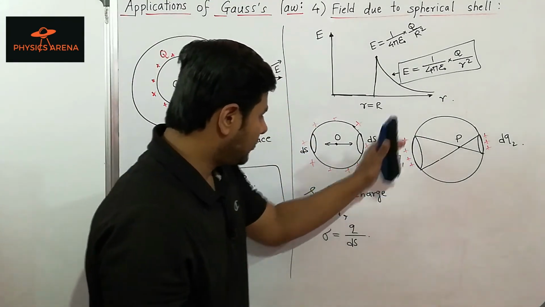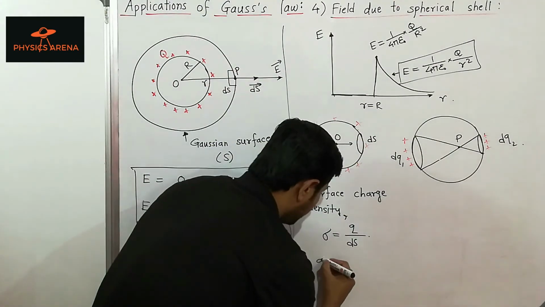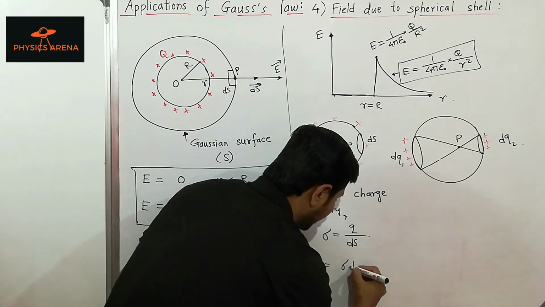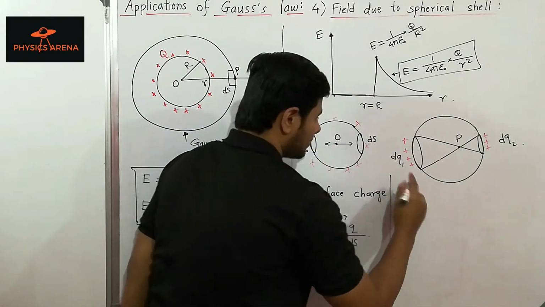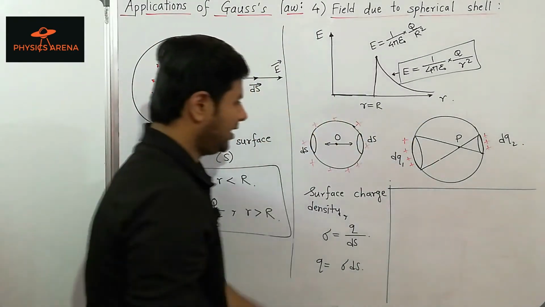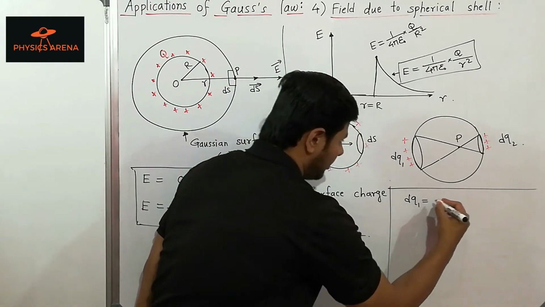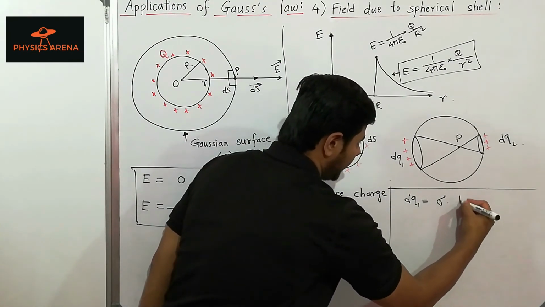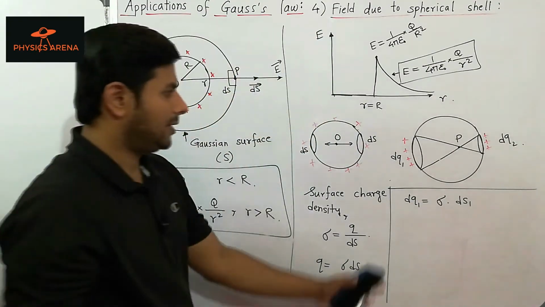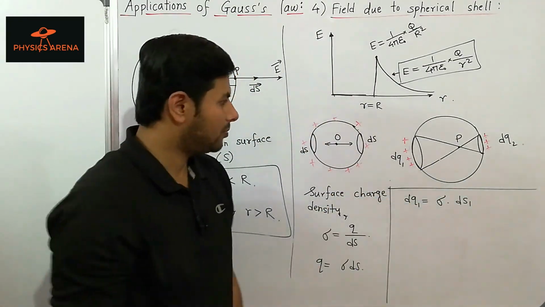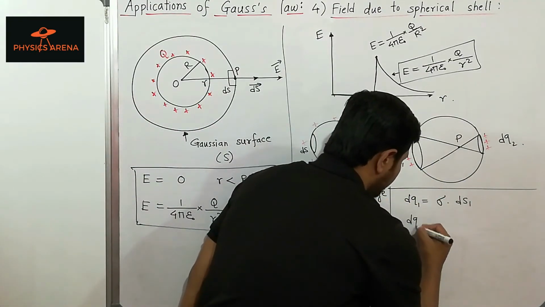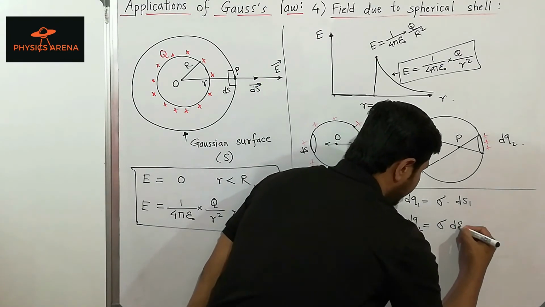Here we can say Q is equal to sigma times ds. Then dq1 should be equal to sigma multiplied by ds1, and therefore dq2 should be equal to sigma times ds2.